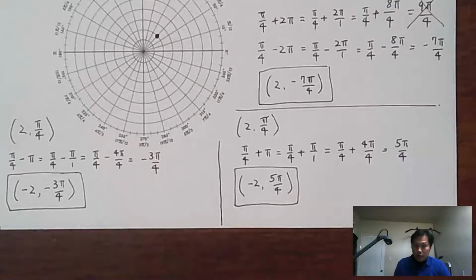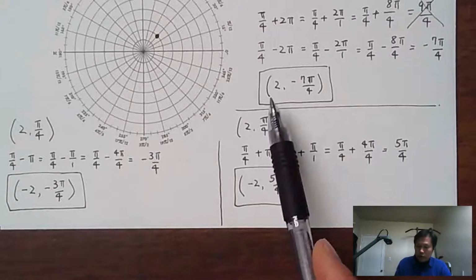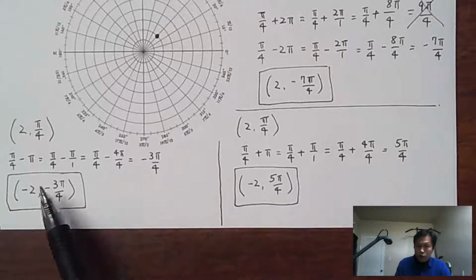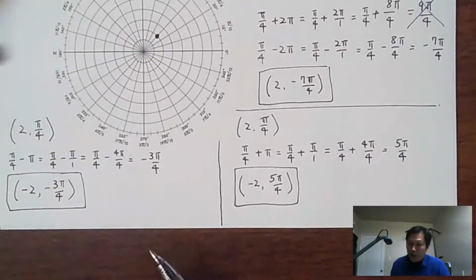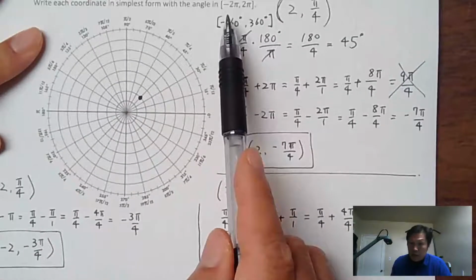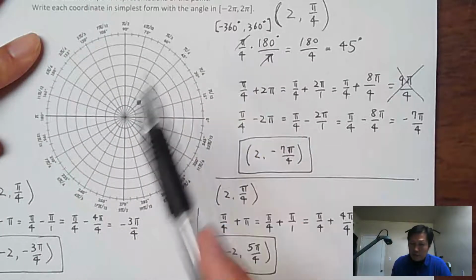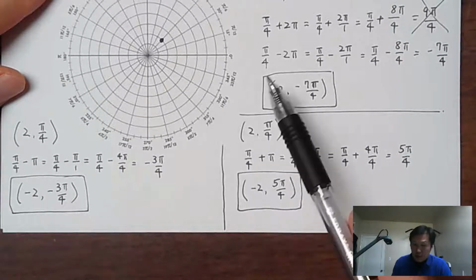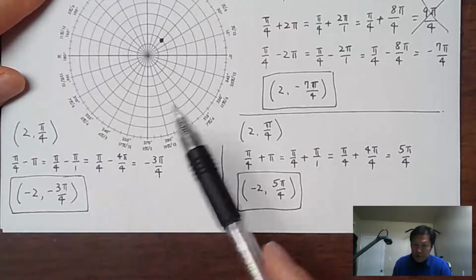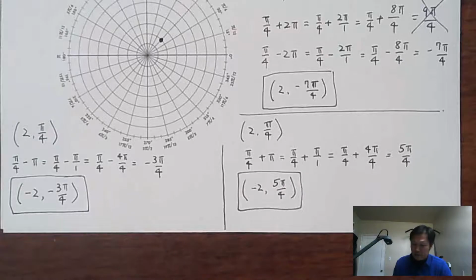So for your problem, you could have done only 2 out of these 3. There are no other answers available because we limit our angle from minus 2 pi to 2 pi. So you can write down any 2 answers out of this as your correct answer.